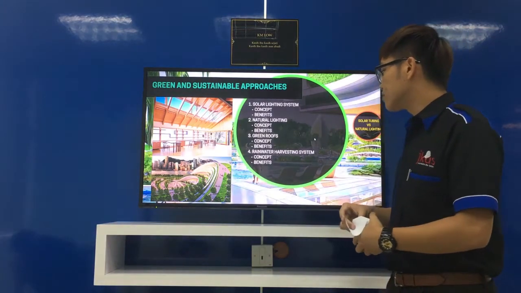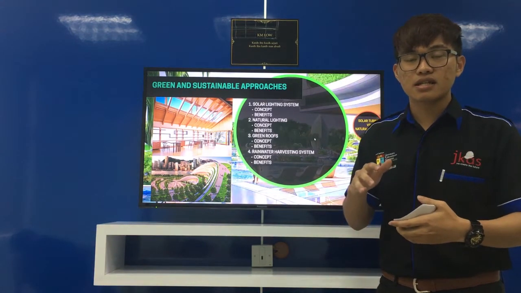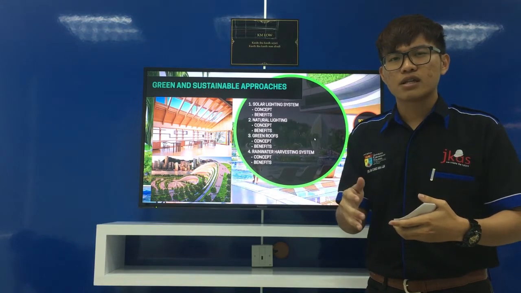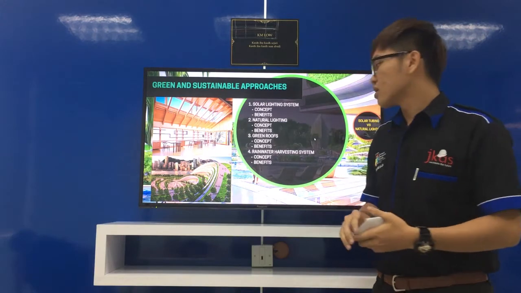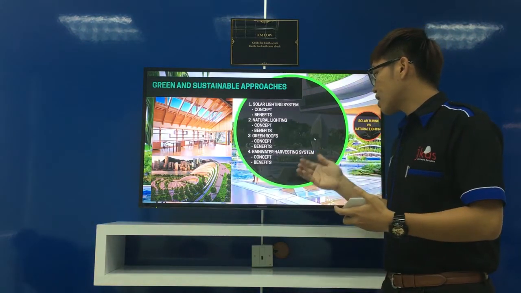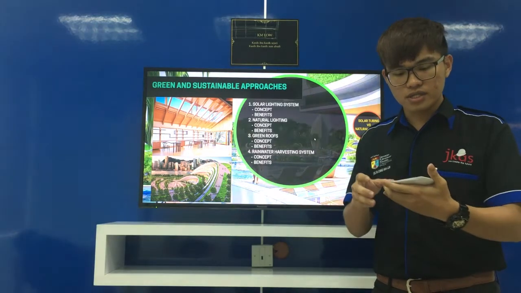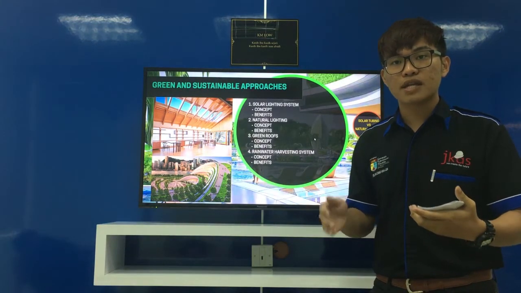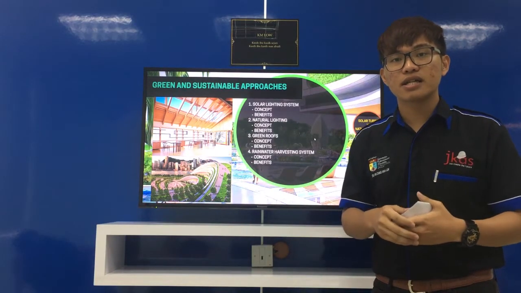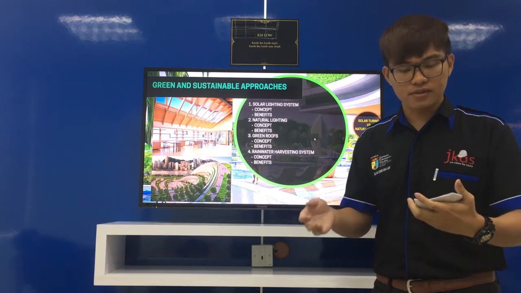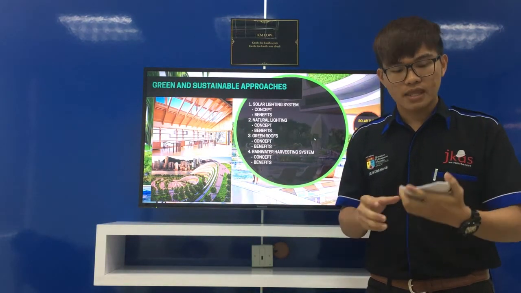Next, we go to the rainwater harvesting system. This system is the reuse and recycling of rainwater. It brings us many advantages, which allow us to better utilize an energy resource, since drinking water is not easily renewable, and also it can reduce our water bill.